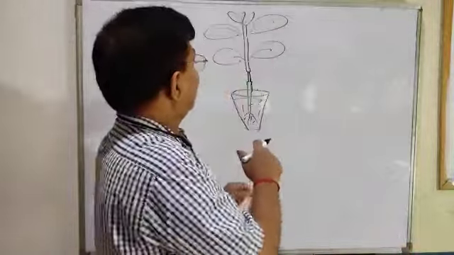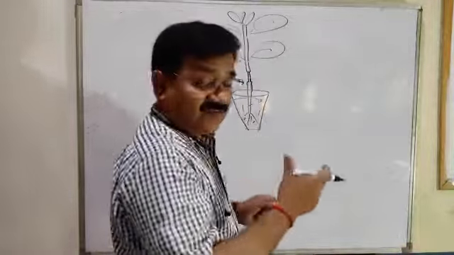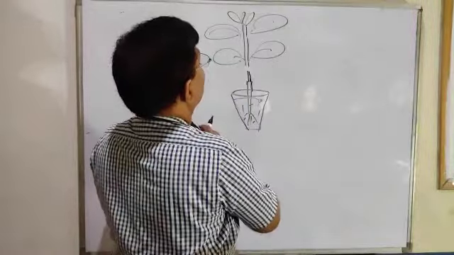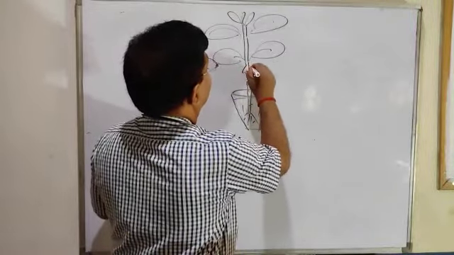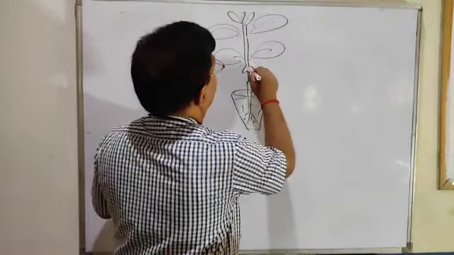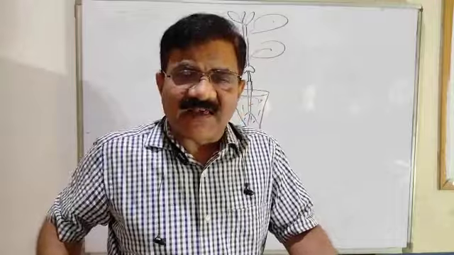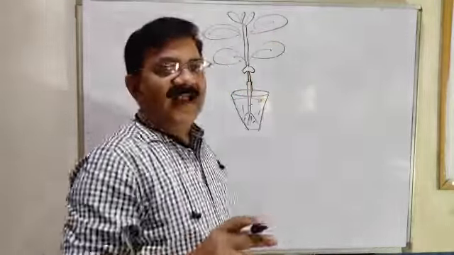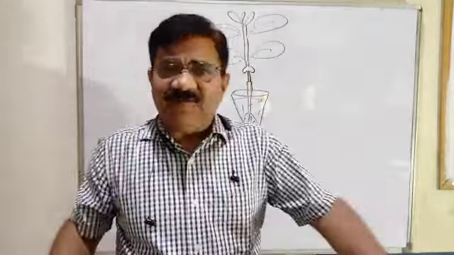What will happen? This part will swell after some days. Swelling will be seen here. What does it indicate? Dear children, due to photosynthesis, the food is prepared in the leaves, and that food is transported to each and every part of the plant body.